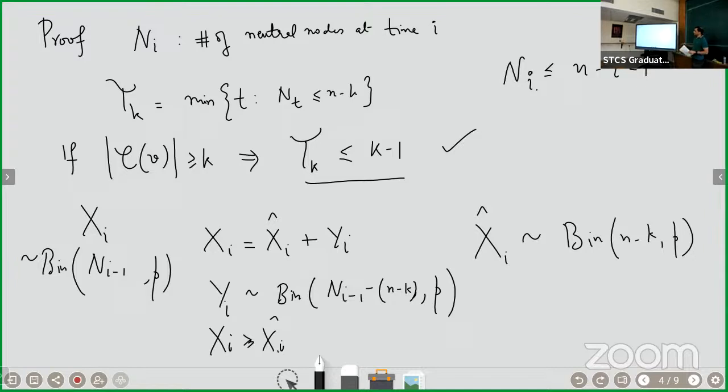So XT is already here. XT we know. So can you write N of i in terms of N of i minus 1 and Xi? I want you to write N of i as a function of N of i minus 1 and Xi.